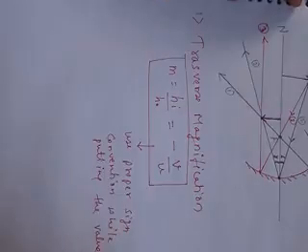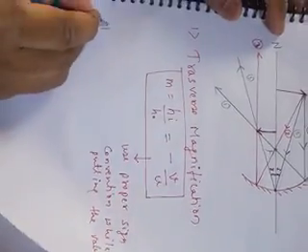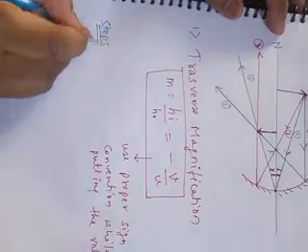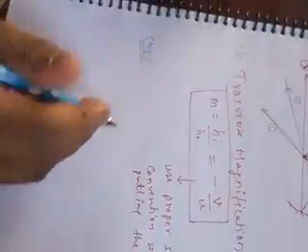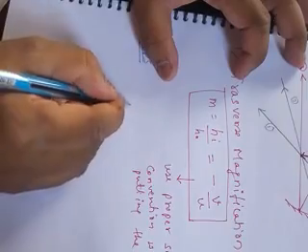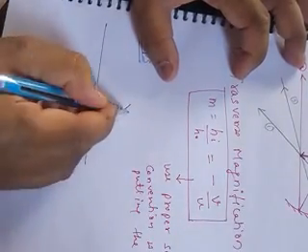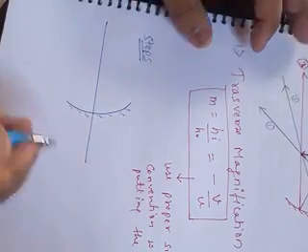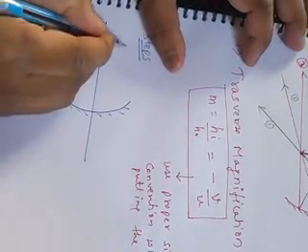Okay. So I'm going to mention some steps to locate the image on the diagram. Suppose this is the concave mirror and this is the object.